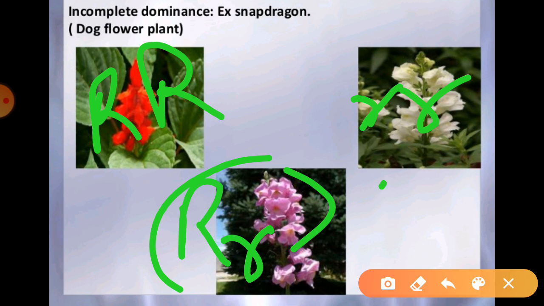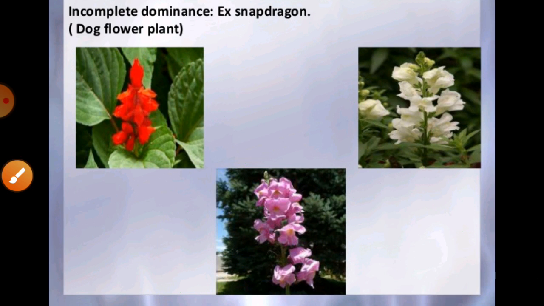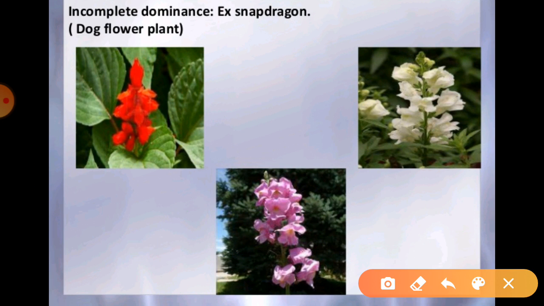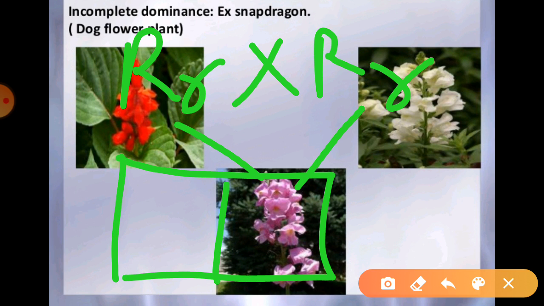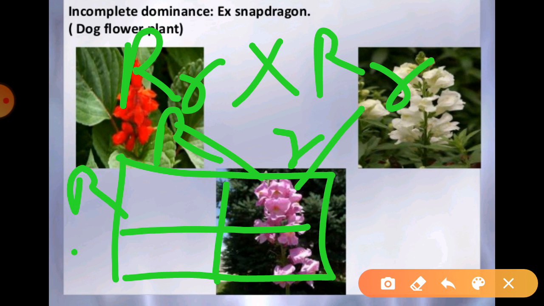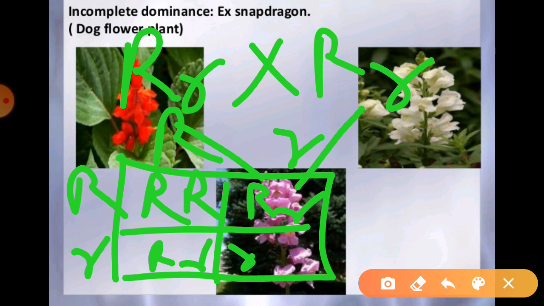If you are going to do self pollination in that particular condition, in the first generation we will get all plants in pink color, but in the second generation, when we cross these pink flowers, it is easy to find capital R and capital R, capital R and small r, capital R and small r, and small r and small r.